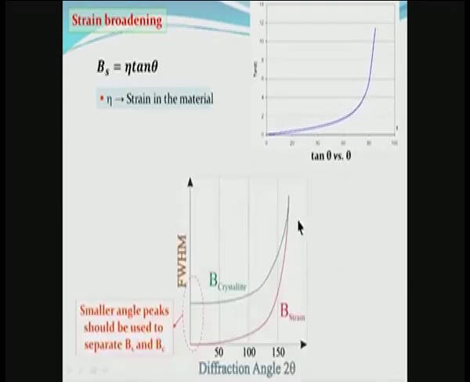Now, what is shown here is a variation of the FWHM as a function of theta.